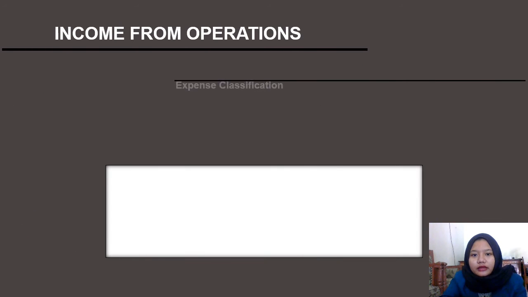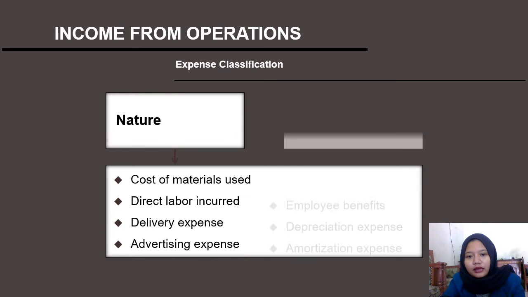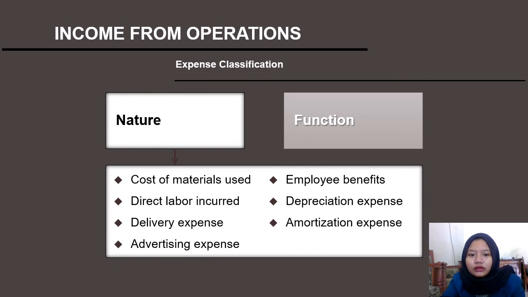Income from operations, expenses classification: nature and function. The nature classification includes 1, cost of materials used, 2, direct labor, 3, delivery expenses, 4, advertising expenses, 5, employee benefits, 6, depreciation expenses, and 7, amortization expenses.